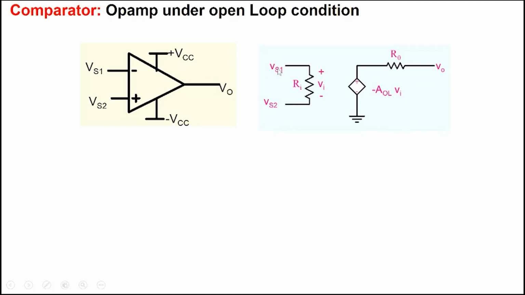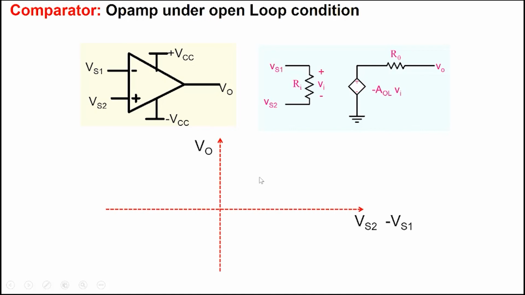On the other hand, if Vs1 is less than Vs2, Vi will be negative, this term will be positive, and the op-amp will saturate to the positive supply voltage. This is how the circuit would look here. If Vs2 is greater than Vs1, then this is negative, and the output will saturate to the positive value. This is what we call a comparator. We are comparing the two voltages Vs2 and Vs1.